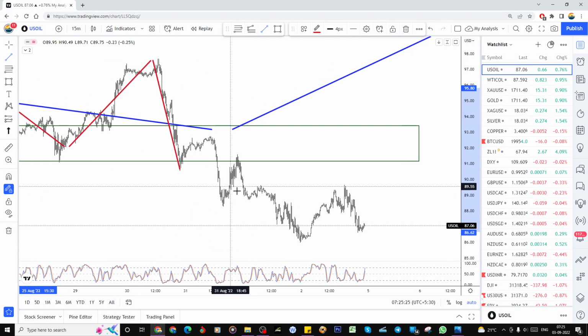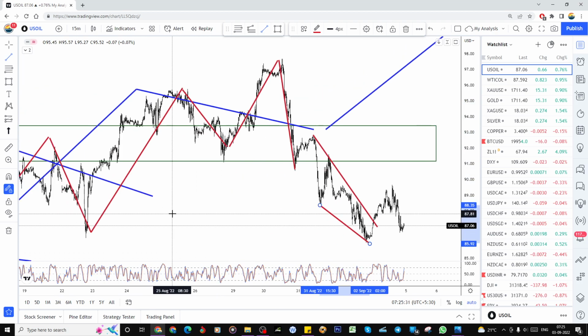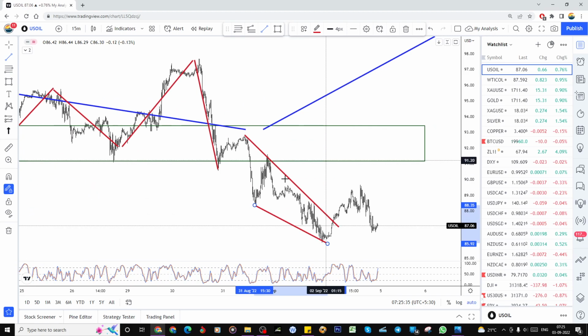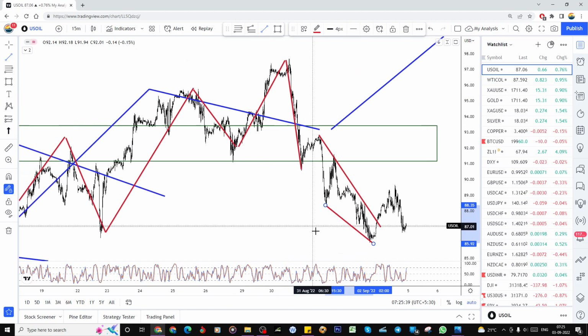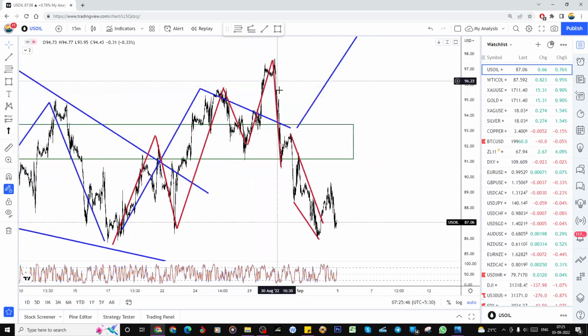So anyway, I'm looking at this as a wedge formation. If this is A, this is B, 1, 2, somewhat here is 3, 4, and 5. So it looks like one correction has been completed. Somewhat, whether we are going for making this or this is the one correction.